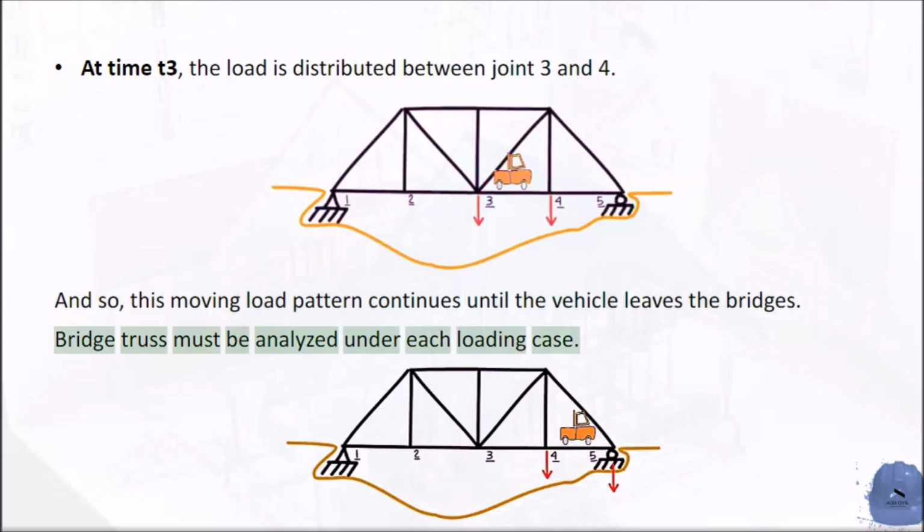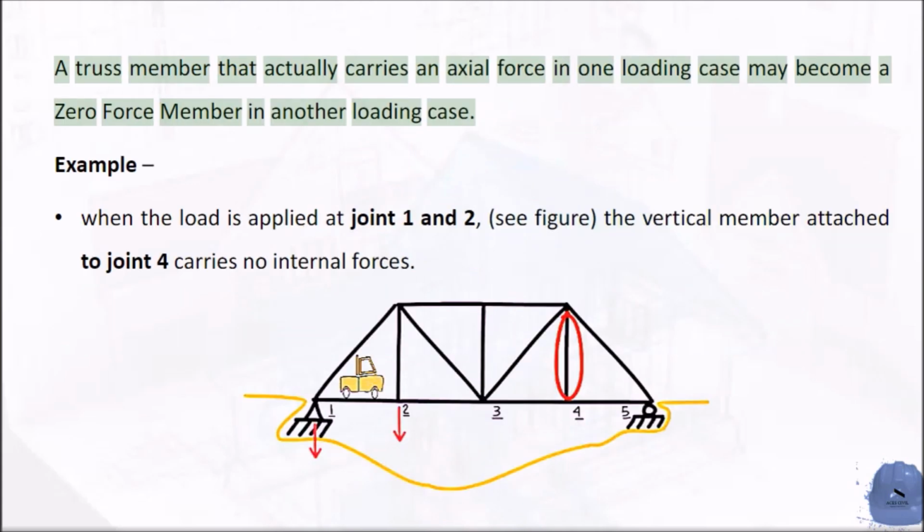Bridge truss must be analyzed under each loading case. A truss member that actually carries an axial force in one loading case may become a zero-force member in another loading case.